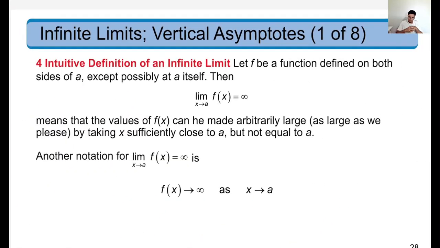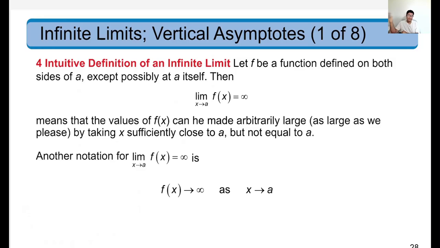Okay. What is the intuitive definition? What I showed you is graphical. The intuitive way to understand it is that the values of the function get larger and larger. How large? As large as you like. So if you give me a value like 10 billion, I have to be able to make the values of the function greater than 10 billion by taking the values of x close enough to that number a, wherever you are saying the limit is infinite.